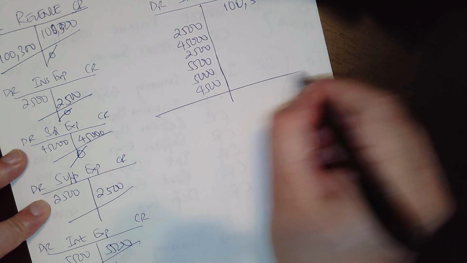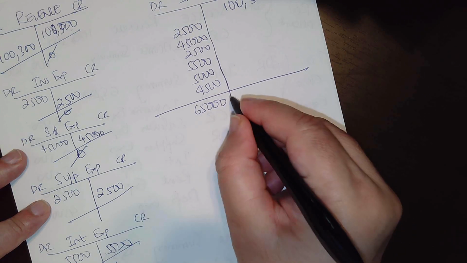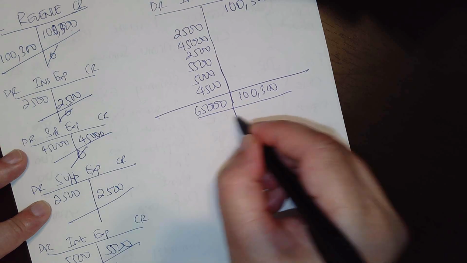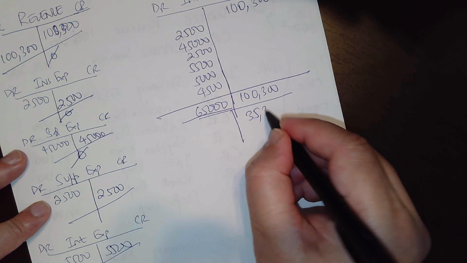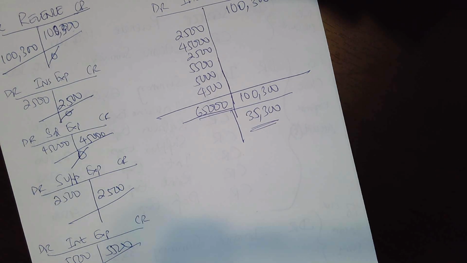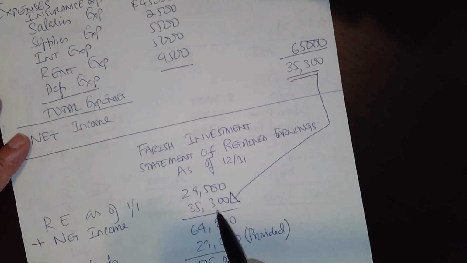So now you add all of this, it turns out to be 65,000, and this total is 100,300, and the difference of these two is 35,300. So in order to put 35,300 over here, you have to do this.